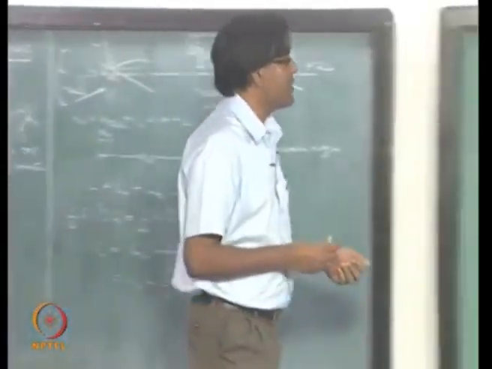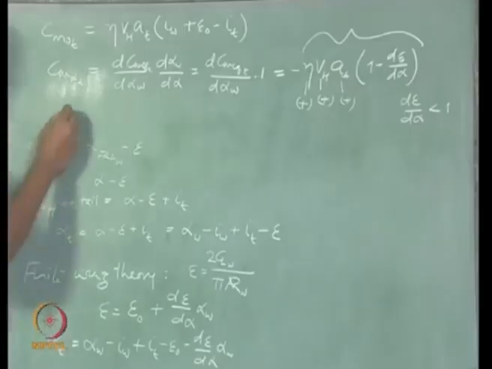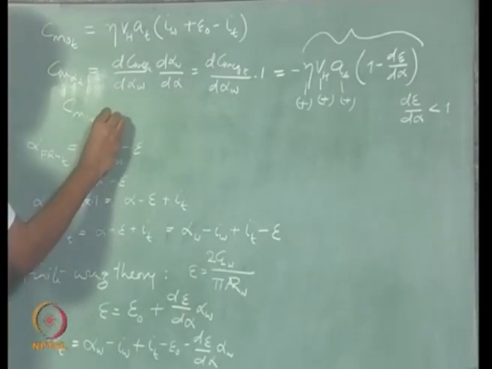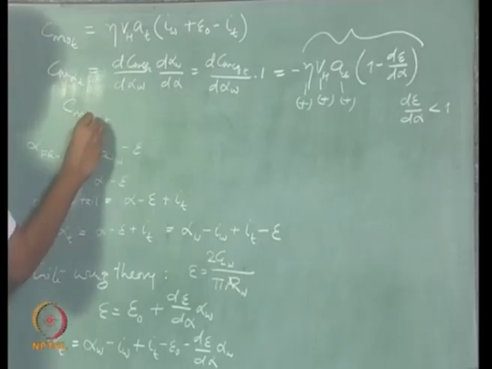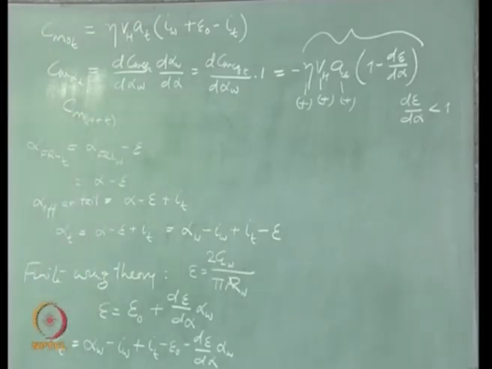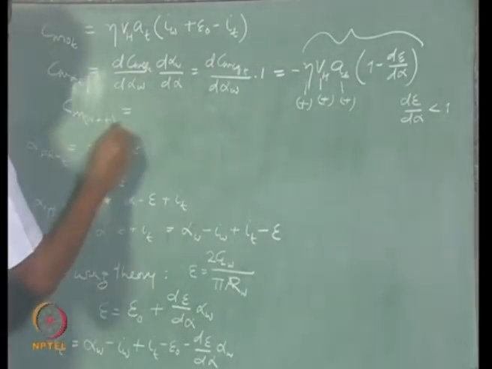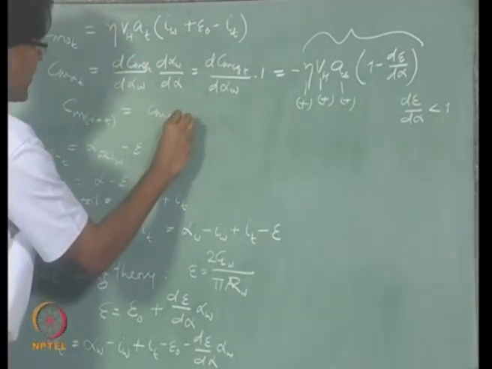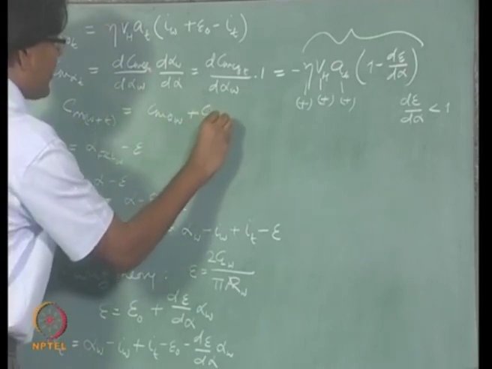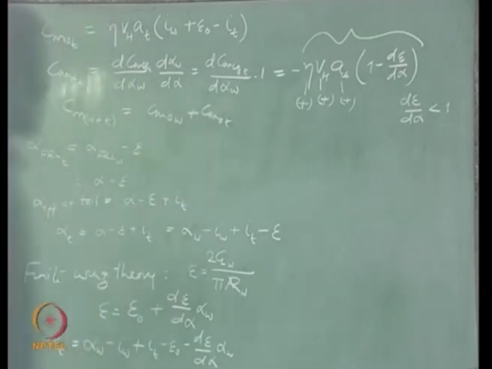So total Cm naught for the wing plus tail configuration is Cm naught due to wing plus Cm naught due to tail, right.